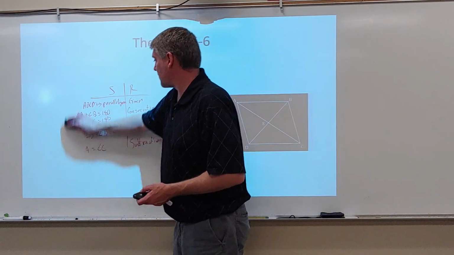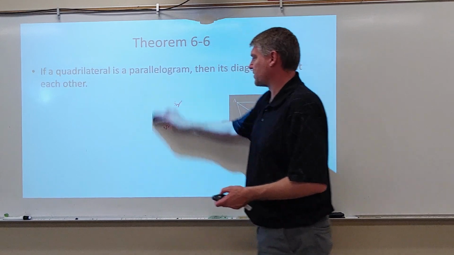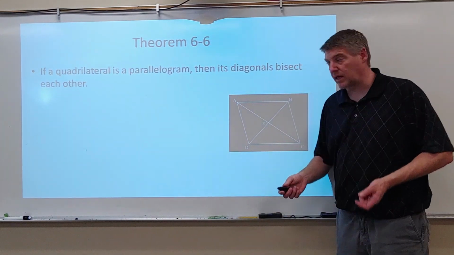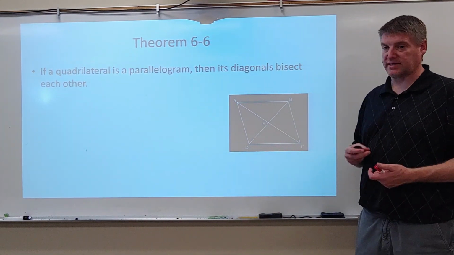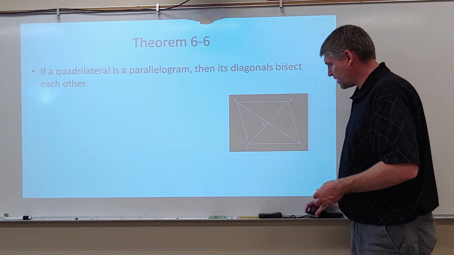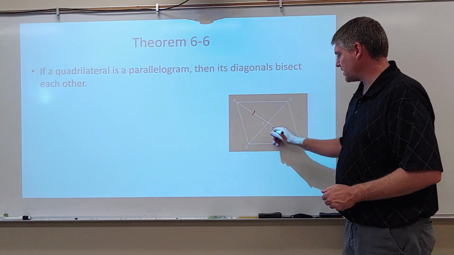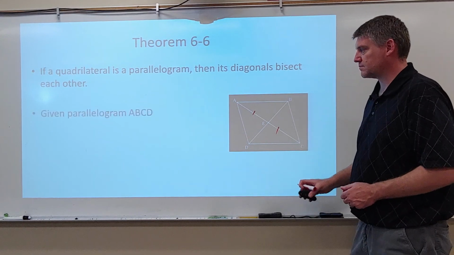Okay? Theorem 6-6. If a quadrilateral is a parallelogram, then its diagonals bisect each other. So what's going to happen here? AE is going to equal EC.